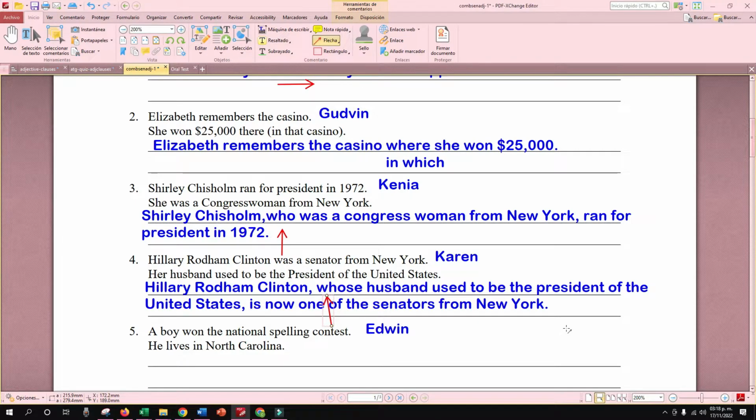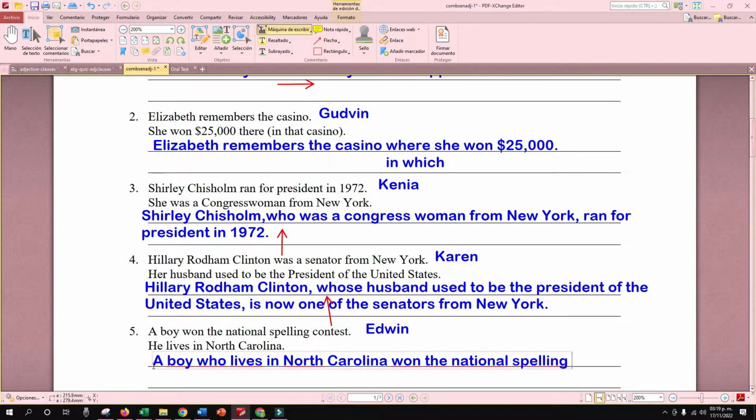Which could be? A boy who lives in North Carolina won the national spelling contest. Perfect. So a boy who, right, lives in North Carolina won the national spelling contest.